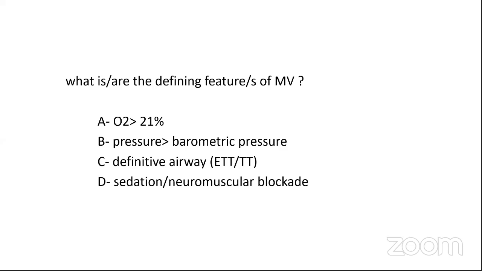Any of the above, none of the above, all of the above? Please share your views. What is the thing or things that are essential and core to mechanical ventilation, without which there's no mechanical ventilation?